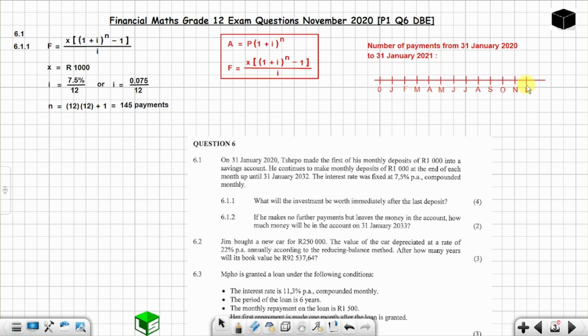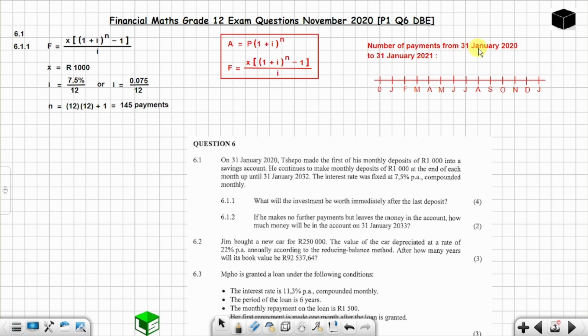You start with January 2021, right? You start with January 2021 and you have end of January 2021. Okay, 31st. This is end 31st. So if you can count, you can see you start from the 1st. That's your first payment. This is 1st January 2020, right? 1st January 2020.